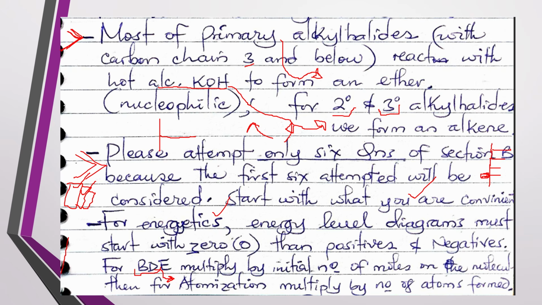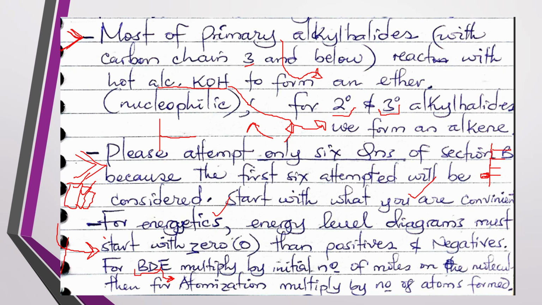I've told you that atomization energy is equal to bond dissociation energy divided by 2, or atomization energy is half the bond dissociation energy. So take note of that. For the way we indicate those values on the energy level diagrams, I made the lesson on thermochemistry about that. So I'm not going to be over talking about that in this video, but make sure that you refer to it in case you are not good at energy level diagrams.